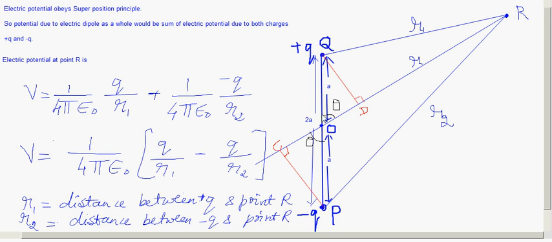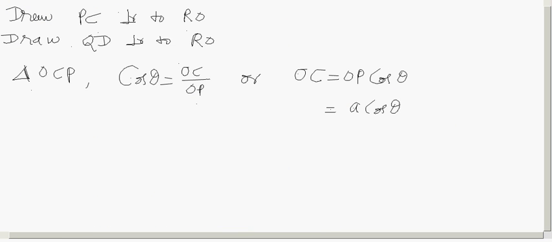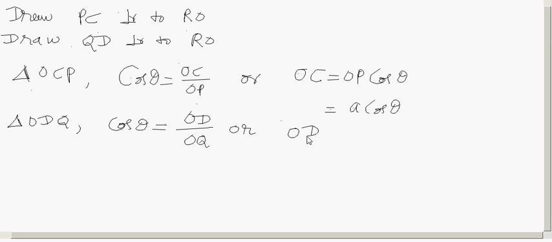We can write cos theta is OD divided by OQ, or OD equal to OQ cos theta, and we know OQ is the distance a, so OD is a cos theta.